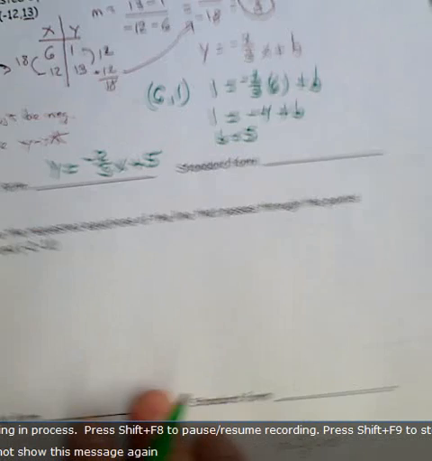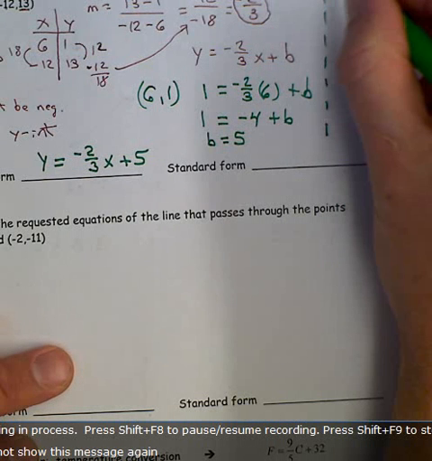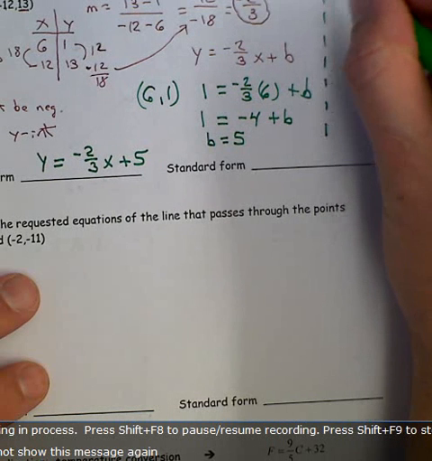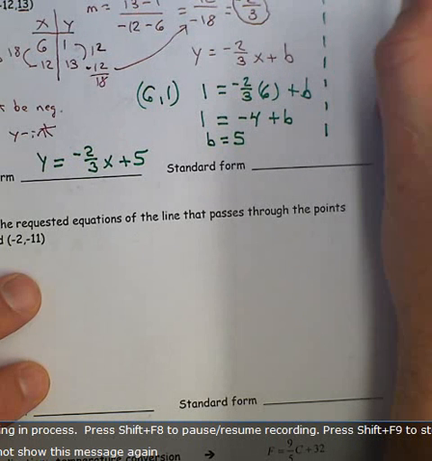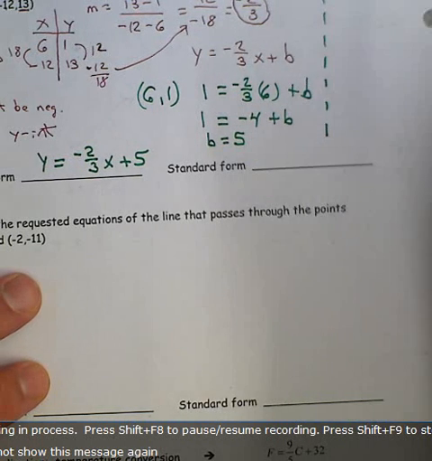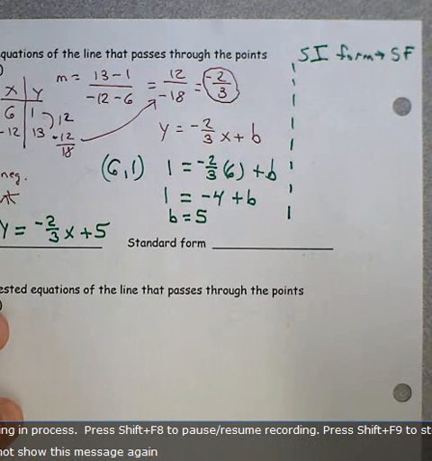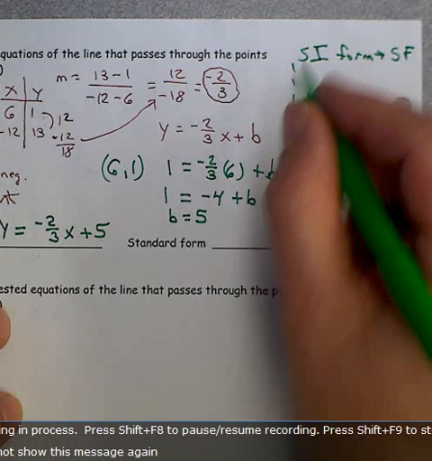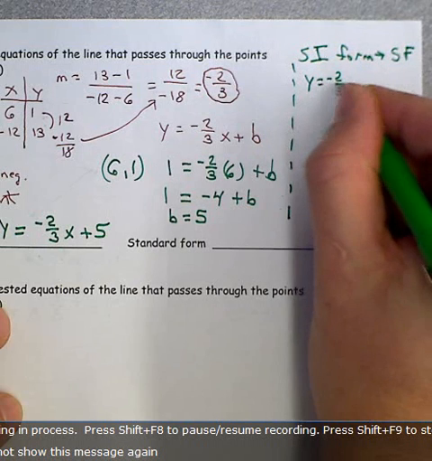Standard form, I'm going to do the work in this leftover area. So I'm going from slope-intercept form, SI form, to standard form. In order to do that, I write y equals negative 2/3 x plus 5.